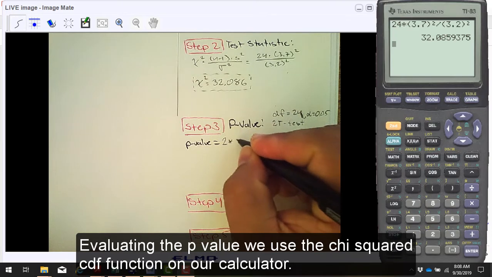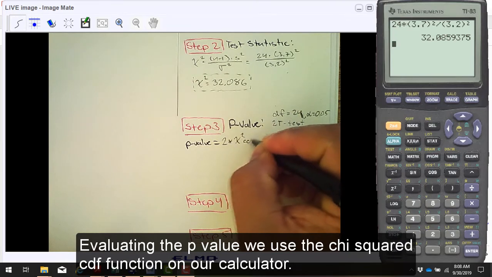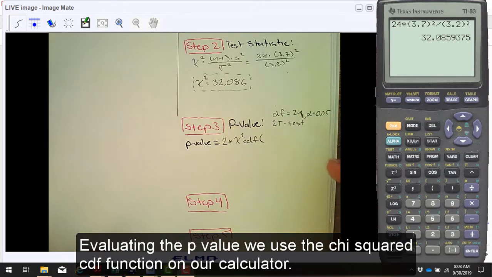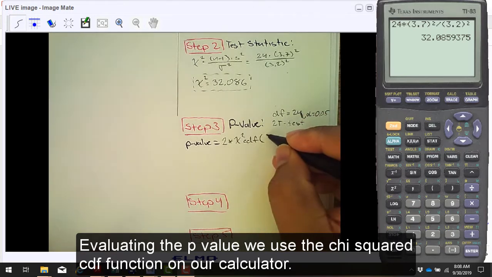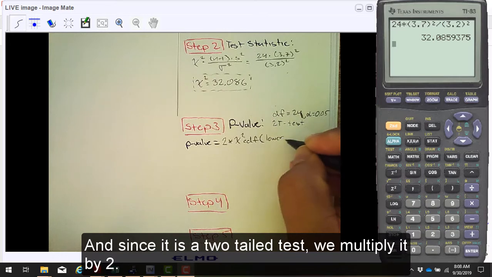Evaluating the p-value, we use the chi-squared CDF function on our calculator. And since it is a two-tailed test, we multiply it by 2.